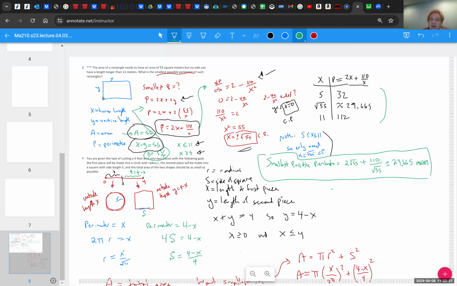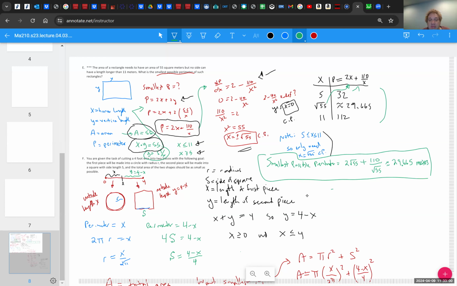If you want the exact value of the smallest possible perimeter, it would be plugging in square root 55 into this formula, which would be 2 square root 55 plus 110 over square root 55, or as a decimal, approximately 29.665 meters. That would be the smallest possible perimeter of this rectangle.